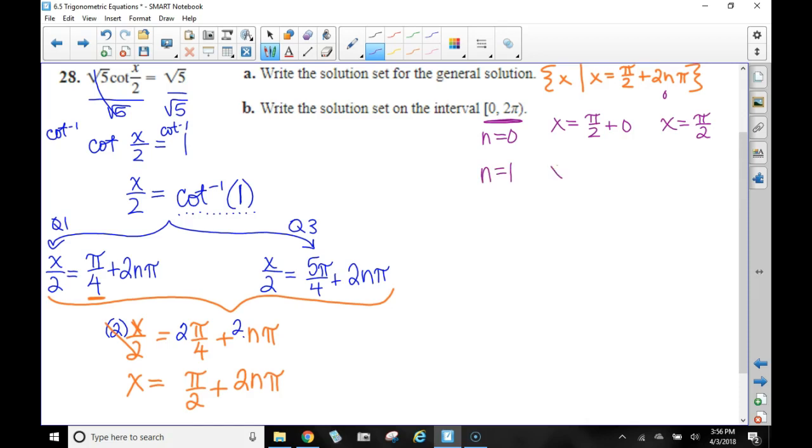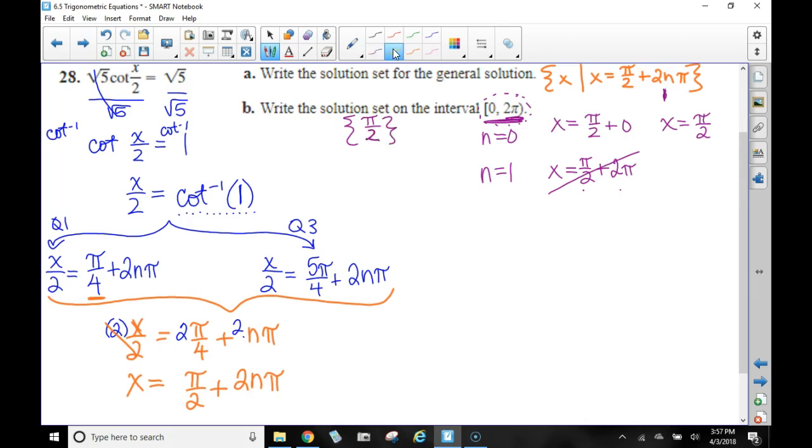When n is equal to 1, my formula says x is equal to pi over 2 plus 2 pi, which is going to be greater than 2 pi. So we don't need to include that answer. It's outside of this given interval. So our only solution on that interval is just going to be pi over 2. That's the only answer.